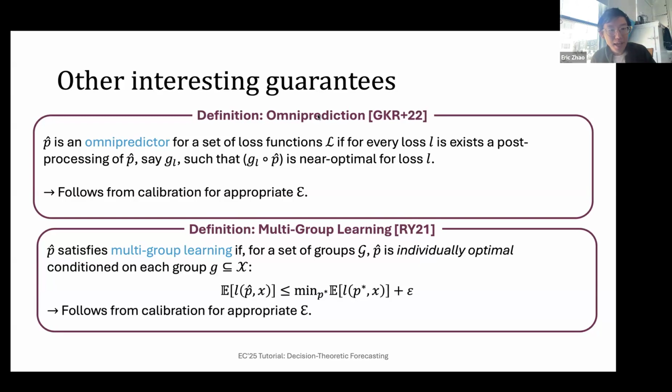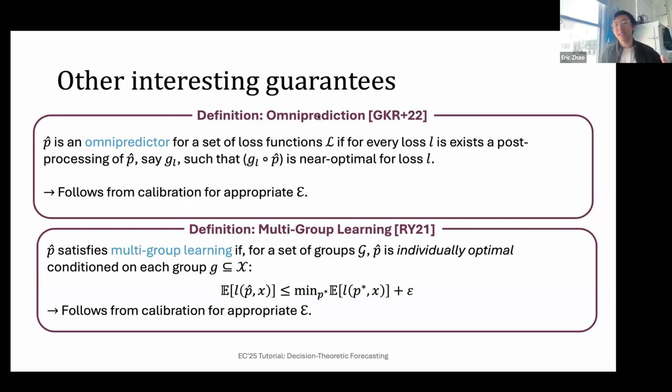This is asking for something stronger than PAC learning, right? I'm asking that I not only beat the hypothesis class overall, but if there's some group for which hypothesis 1 is the best, some region for which hypothesis 2 is the best, then I have to basically perform better than H1 on group 1 and better than H2 on group 2. And this is also something that follows nicely from calibration.